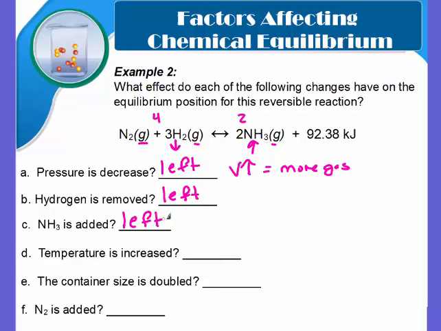Temperature is increased. Just like the last problem, energy was given to me in the problem. It's a product, which makes it exothermic. Since temperature is being increased, I'm going to want to use that energy up, which will shift it to the left.